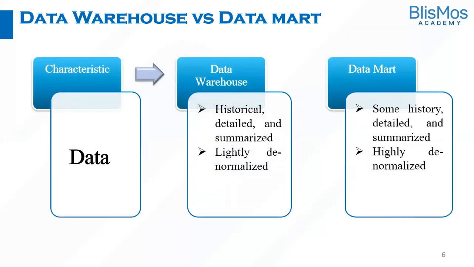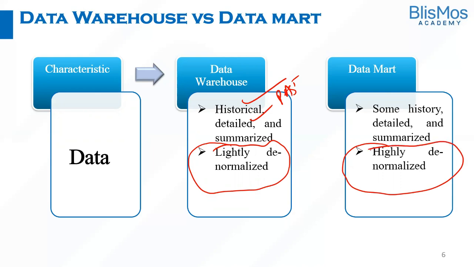In terms of data, in the data warehouse, we'll have historical data, that is past data, and it is detailed and summarized. In the data warehouse, data is lightly denormalized. On the other hand, in the data mart, the data is highly denormalized. What does it mean? We'll try to have all the data in one table as much as possible by minimizing the number of tables.